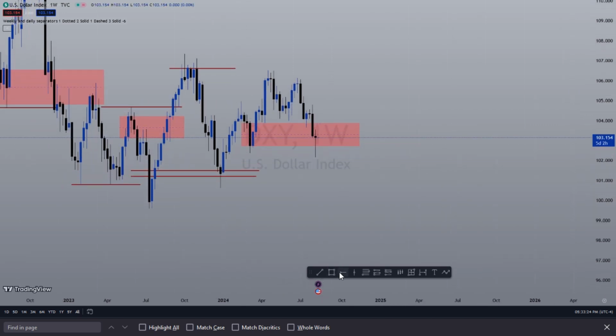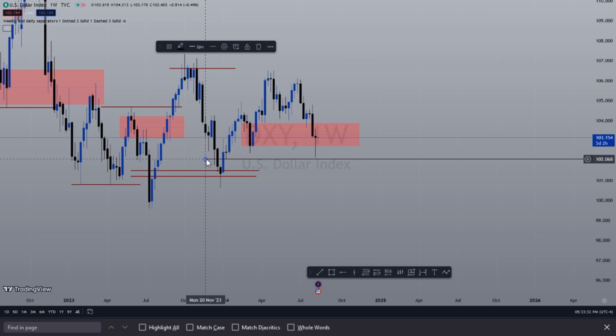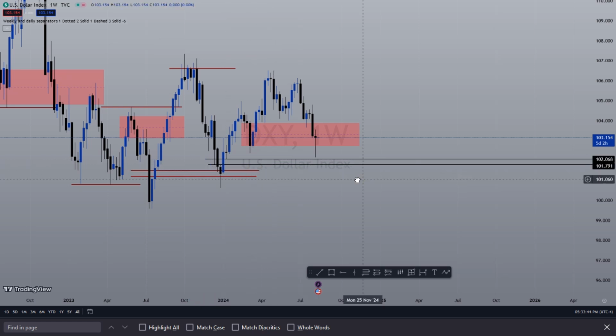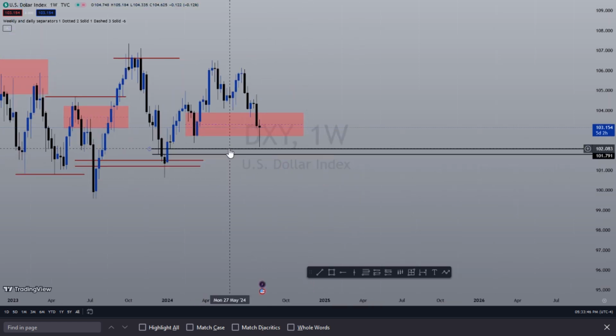Okay, yes, we are having this very fair value gap right here. Is it possible for the market to come back to this fair value gap? In my own opinion, I don't want to see this fair value gap be respected, but if it is going to be respected, we can already see it.